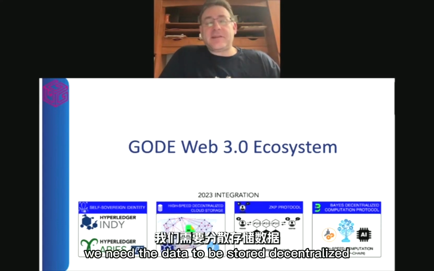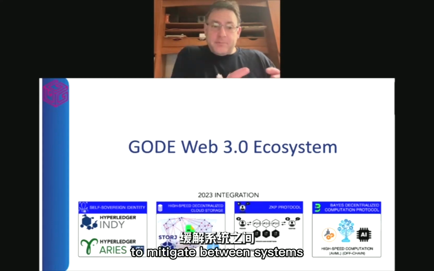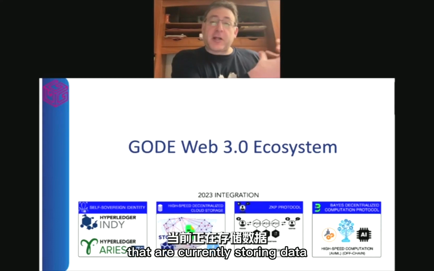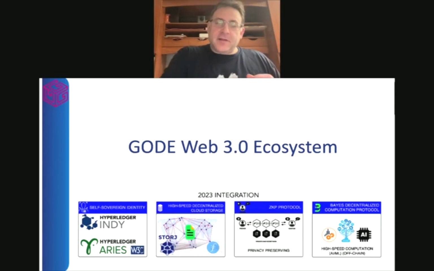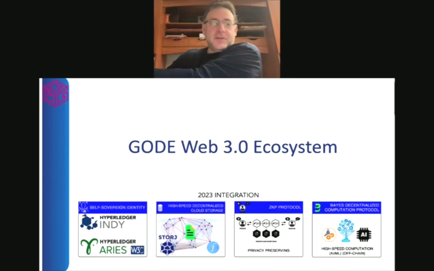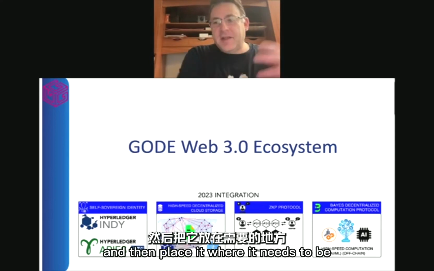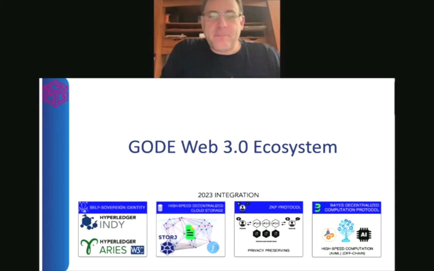We need the data to be stored decentralized, and we need a way to mediate between systems that are currently storing data and systems that will just take the data from a user storage location, process data securely, and then place it where it needs to be.